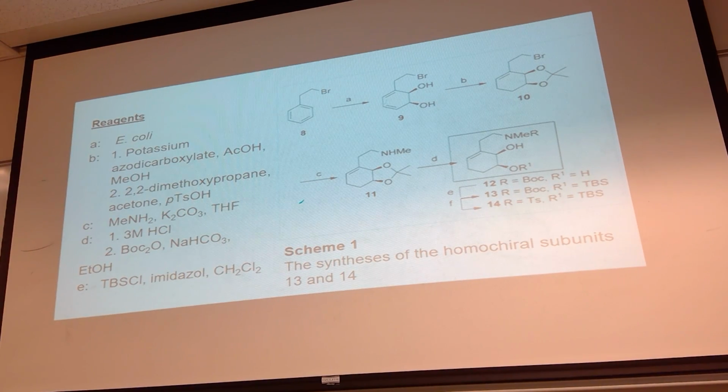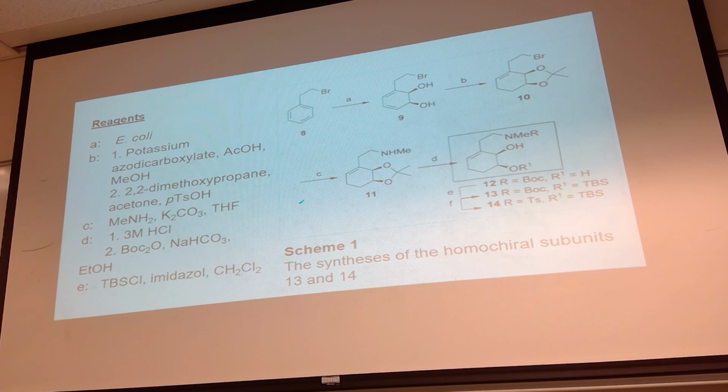So getting into a little bit more of the details here, we're starting with compound 8, beta-bromoethylbenzene. It's going to be dihydroxylated by an enzyme found in E. coli. It'll give us compound 9, which will undergo 2 reactions. The first being a selective reduction by potassium azodicarboxylate. And it's going to reduce the alkene inside the ring, and then they put on an acetonide protecting group with 2,2-dimethoxypropane.